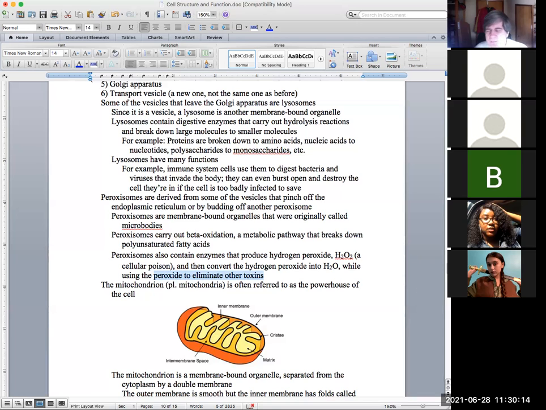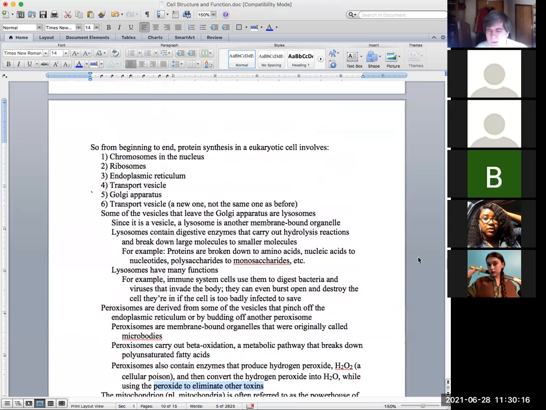So we have to think about all these different organelles, these 6, when we think about how a eukaryotic cell makes a protein. Now notice the peroxisomes that we were just talking about come from a transport vesicle that pinches off the endoplasmic reticulum. The lysosomes come from a transport vesicle that pinches off of the Golgi apparatus.